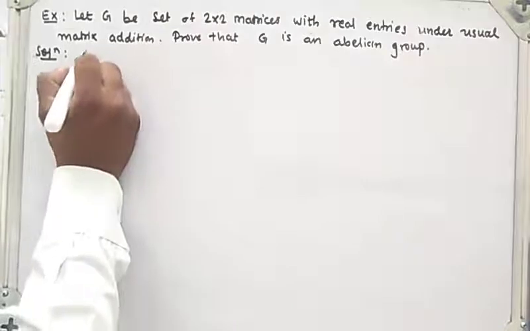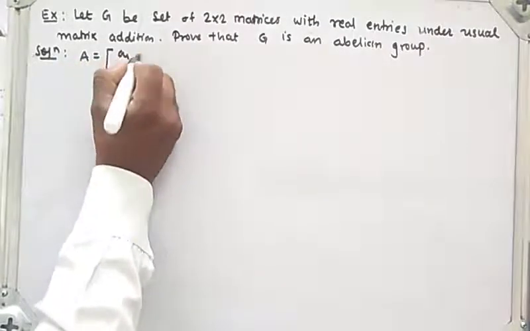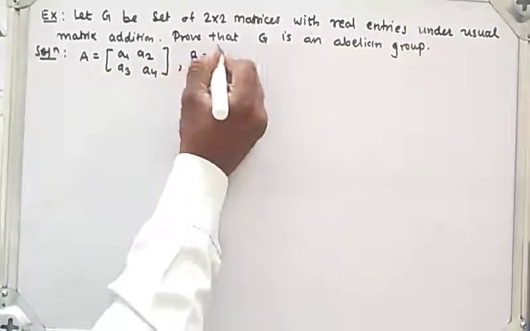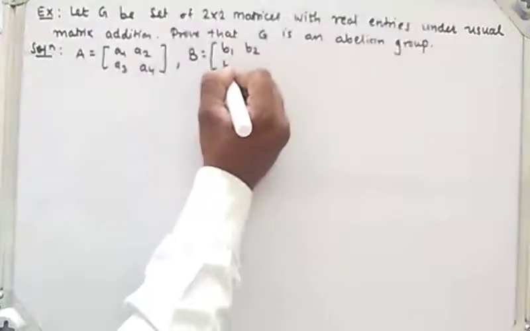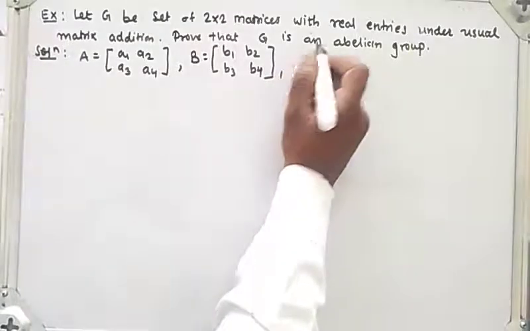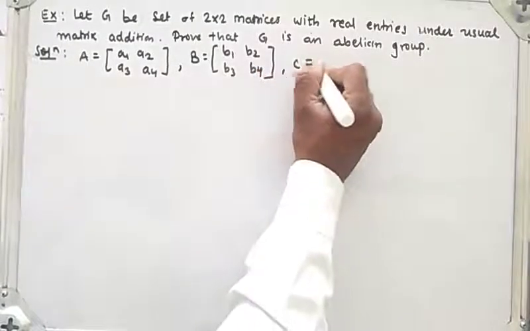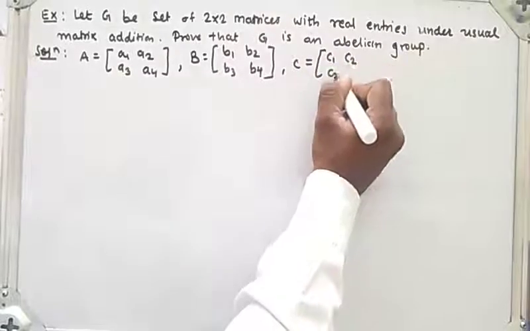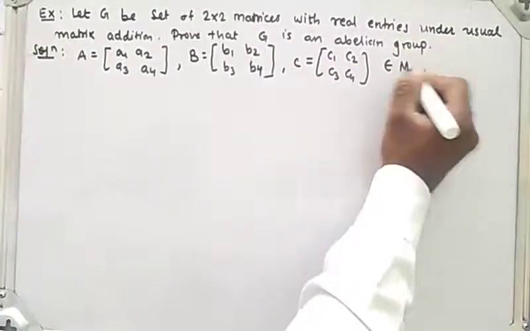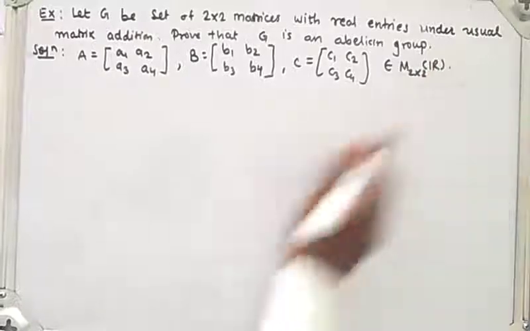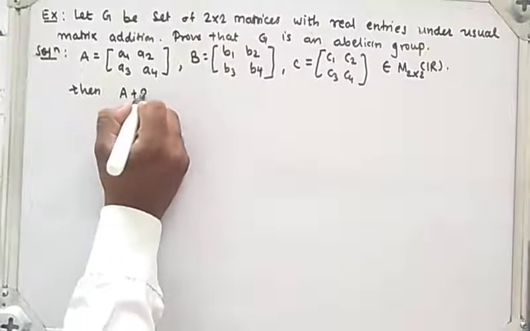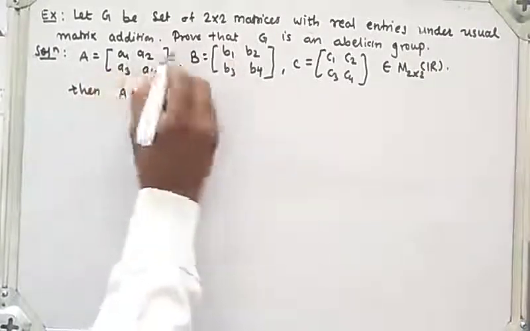Let A, which is A1, A2, A3, A4, B, which is B1, B2, B3, B4, and C, which is C1, C2, C3, C4, belong to M 2 by 2 (R), which is the set of all 2 by 2 matrices over real entries. Then for the first property, what is the addition of these two matrices?